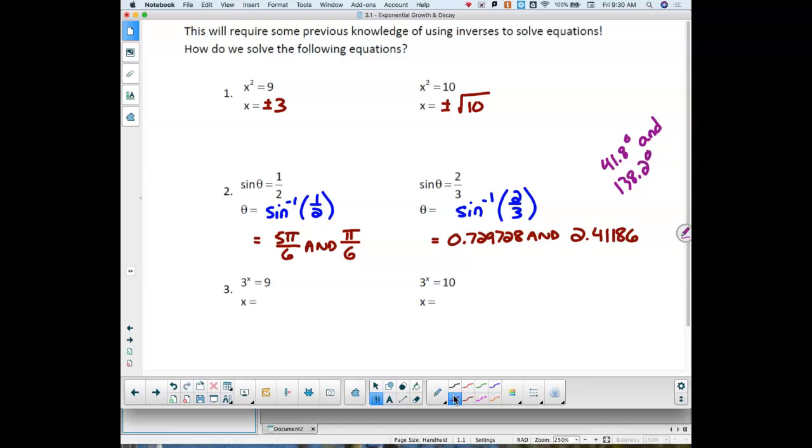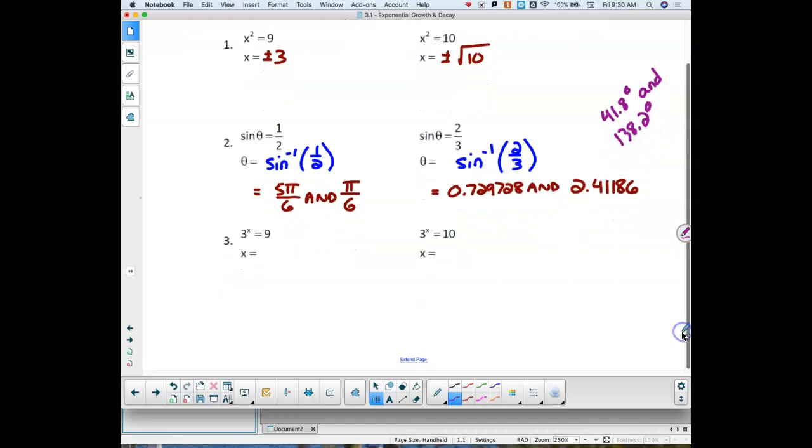What about these two? 3 to the x power equals 9. Oh, that one. What value of x would go in there to get me 9?